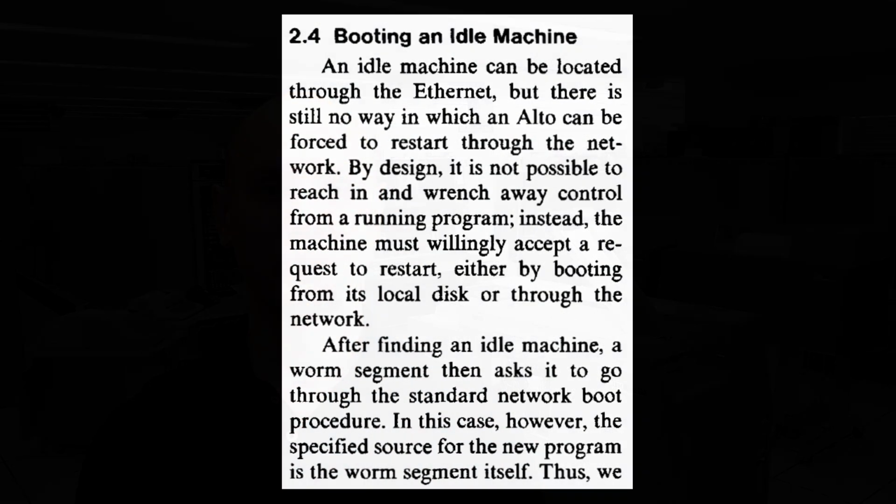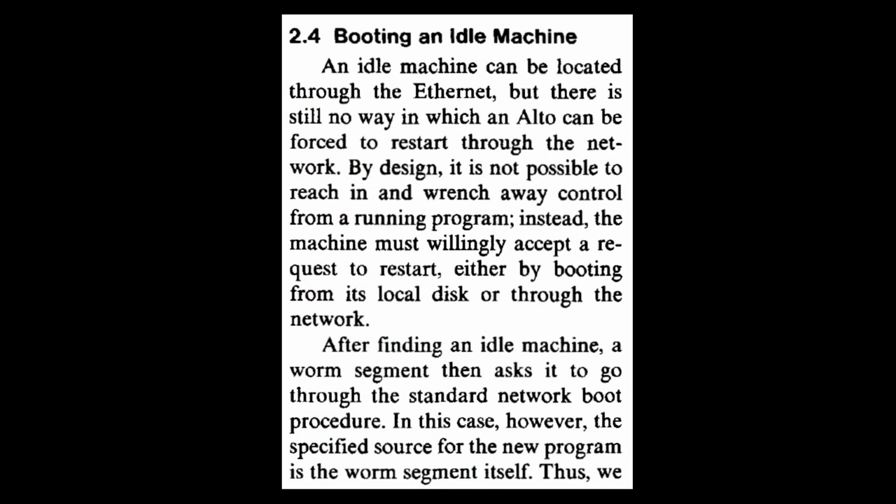Now, if a computer was running any software, any program at that time, it wouldn't do so. But if it was idle, it rebooted. And since it was instructed by the worm to boot from a network location, i.e. the place where the worm itself resided, it would be loaded into the memory of the computer. So quite a simple and effective solution.